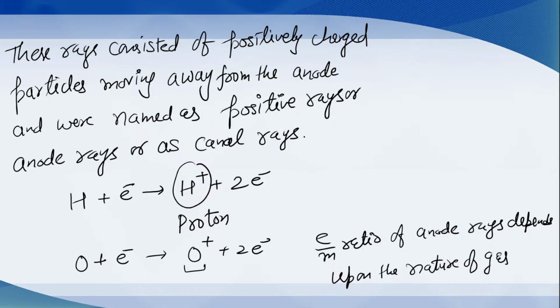It is independent of the nature of the gas as well as the material used for the cathode. Any cathode can be used because electrons are emitted in that case. But here, anode rays are positively charged gas ions.